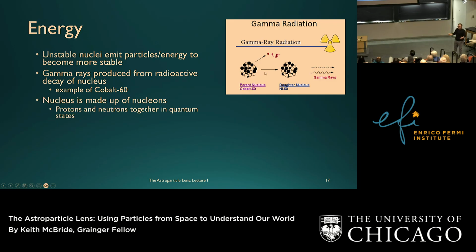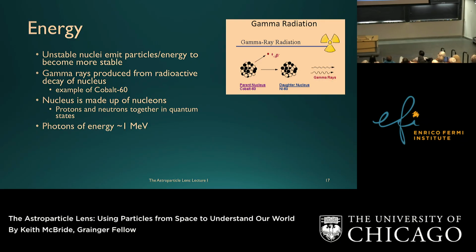And then that new nucleus that's produced from this radioactive decay doesn't like the state it's in. It doesn't like its quantum state, so it relaxes and emits energy in the form of photons or light, gamma rays.